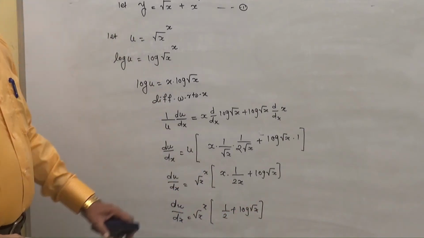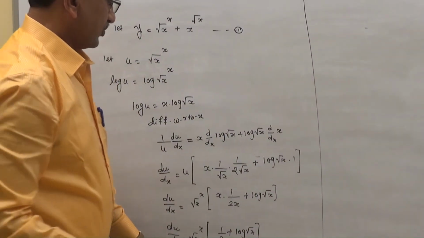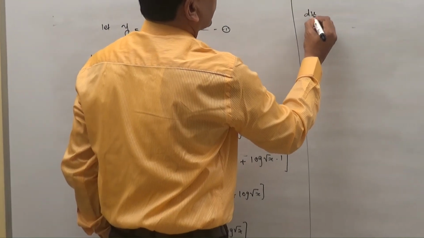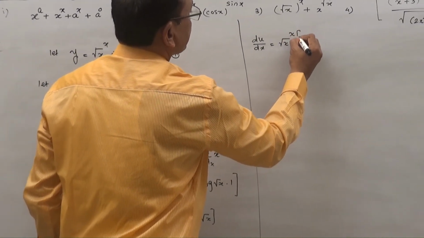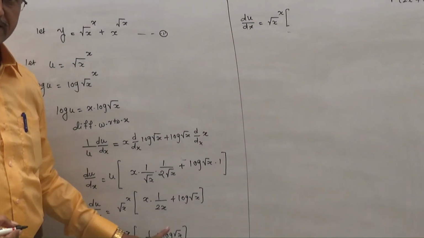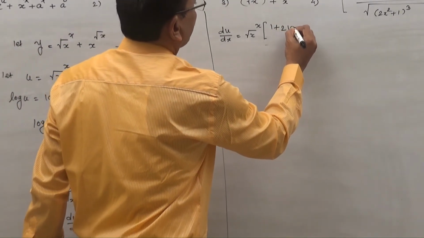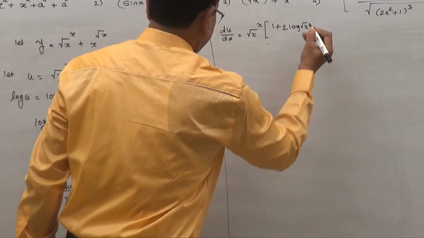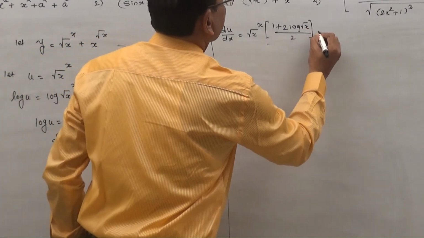Again it can be simplified as du by dx is equal to root x raised to power x into, by taking cross multiplication, 1 plus 2 times log of root x upon 2. Give number 2.